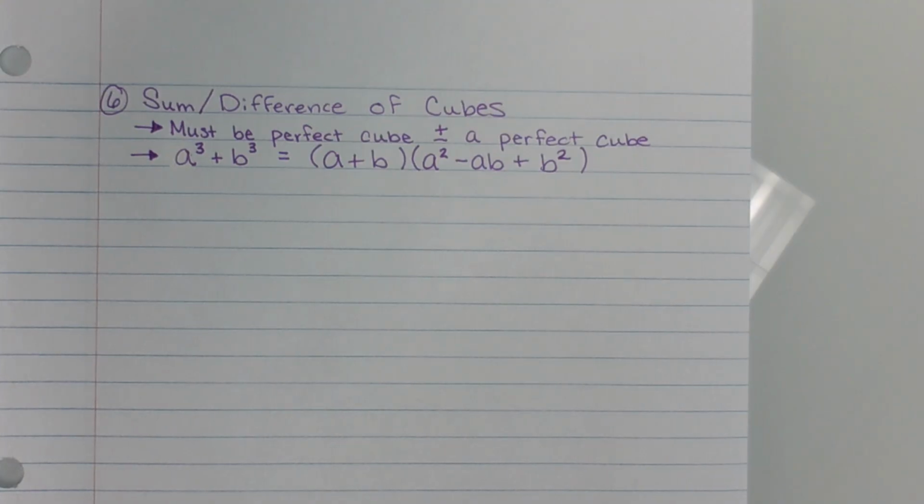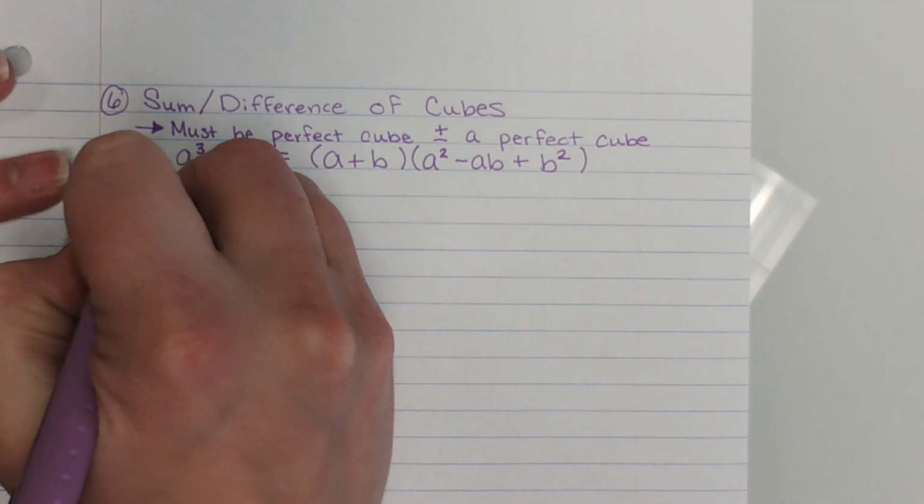So whatever got cubed originally gets squared, minus whatever both of the things that got cubed originally multiply together, negative in front, and then the second thing that got cubed originally gets squared.